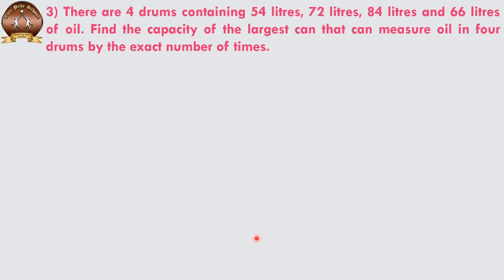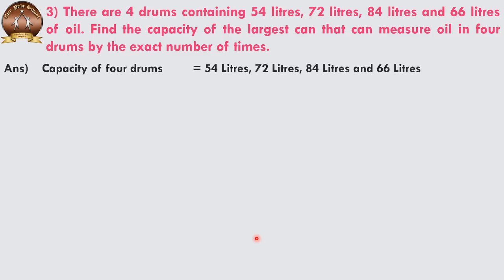There are 4 drums containing 54 liters, 72 liters, 84 liters and 66 liters of oil. Find the capacity of the largest can that can measure oil in the 4 drums by the exact number of times. So first we are going to make the statements. Because the capacity of 4 drums is given and they have no names, I have just made one single statement.